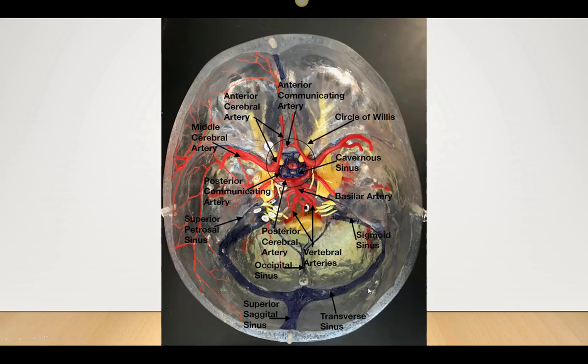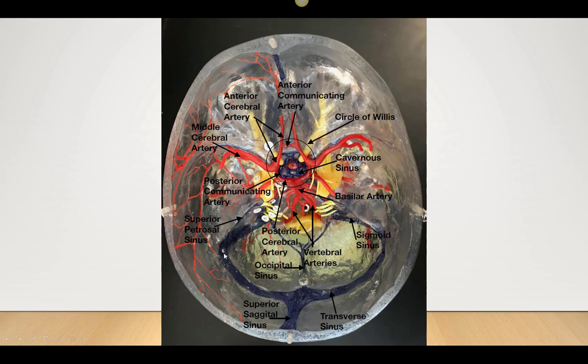Now inside the skull, looking at the same model, when we remove the brain and look in here, you see the superior sagittal sinus. We are looking from the top into the bottom of the skull here. You have the superior sagittal sinus here, the two transverse sinuses, and the occipital sinus here, and this is the confluence of the sinuses.